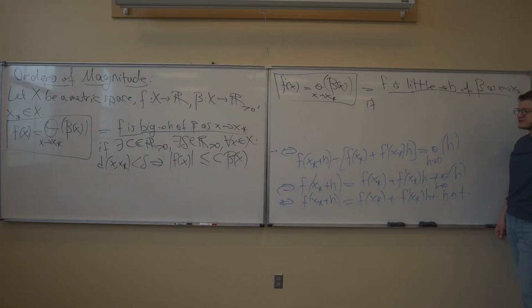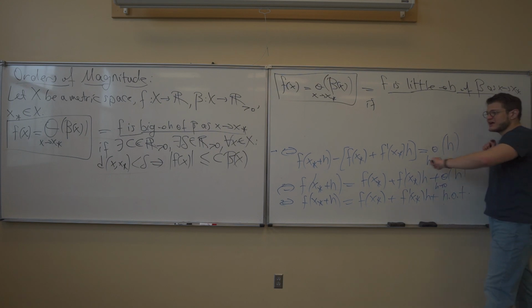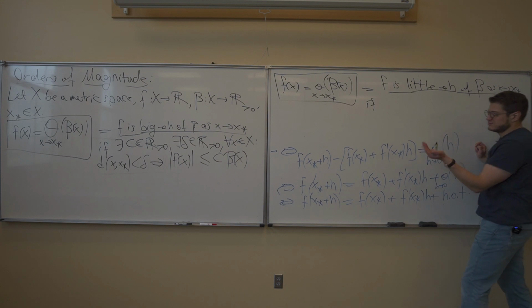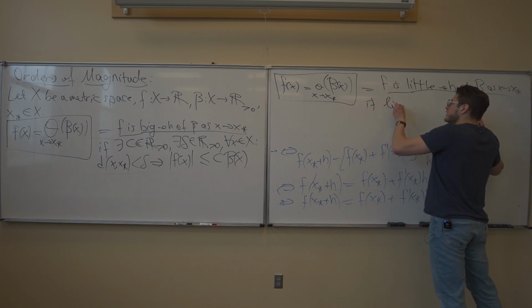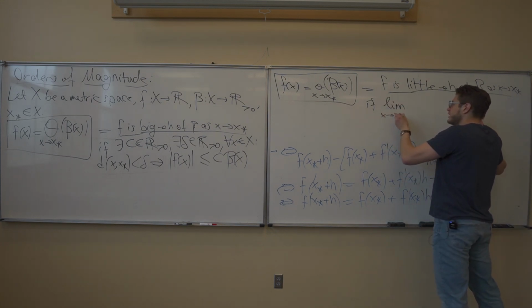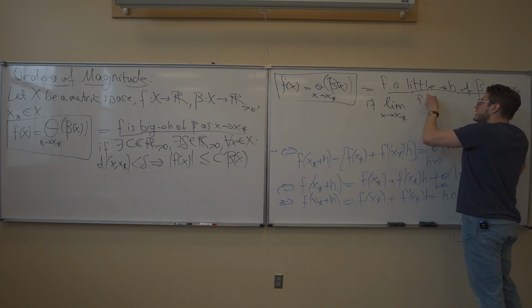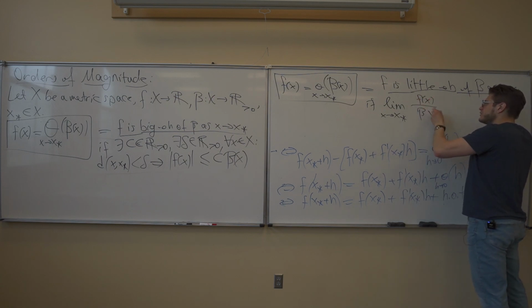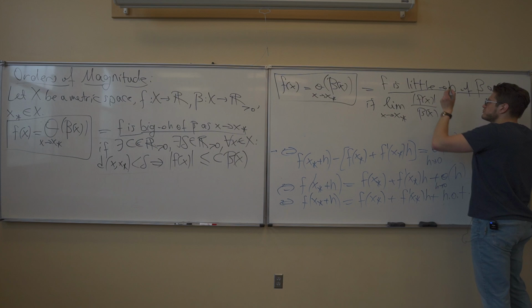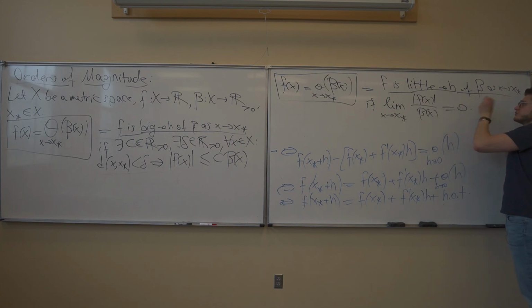What you want to say is this: f of x divided by beta of x as x goes to x star is 0. Okay, because you see, this came from the definition of derivatives. So what did I do? I had this in the denominator, and I took the limit. And I wanted that limit to be 0. So I'm just writing that: if the limit as x goes to x star of f of x divided by beta of x equals 0. Okay.